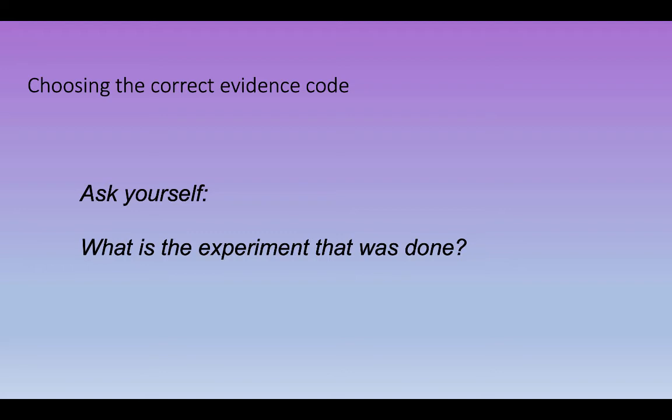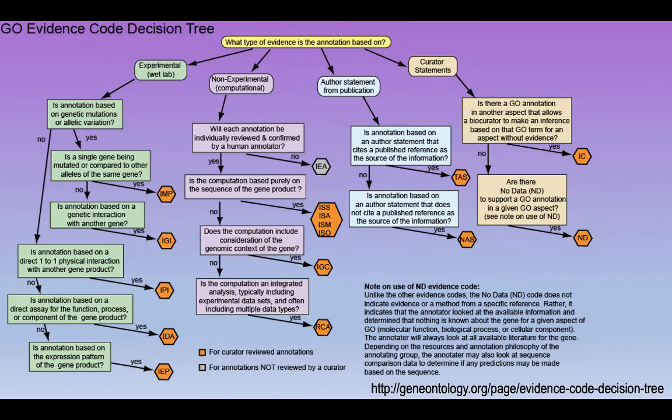Is the ontology good? Is it accurate? And so you want to ask yourself, where did this evidence come from? What is the experiment that shows that this thing does what it does? And there is this whole decision tree for letting you know what goes in what category and how it's used.